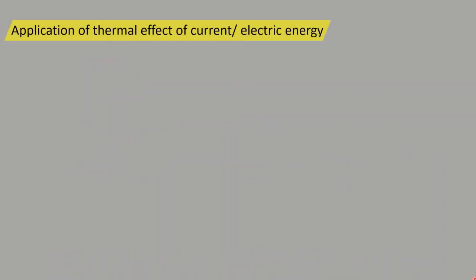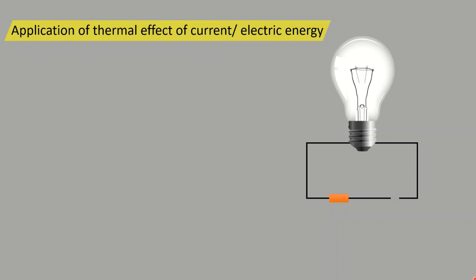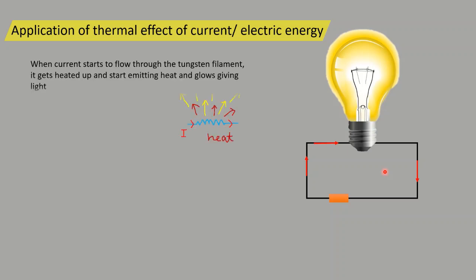Now we will be studying applications of the thermal effect of current. As you can see here, a circuit has been placed where the key is open and a bulb is placed. As I switch it on, the current starts to flow and the bulb starts to glow. How does that happen?